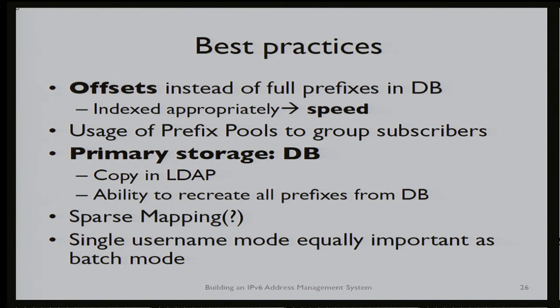Like I said, in both cases, we use different prefix pools to group our subscribers, obviously. We use a relational database, and on the Greek school network case, which was the second case study, we use a database as a primary storage for the offsets, and then we copy the full prefixes in the directory.